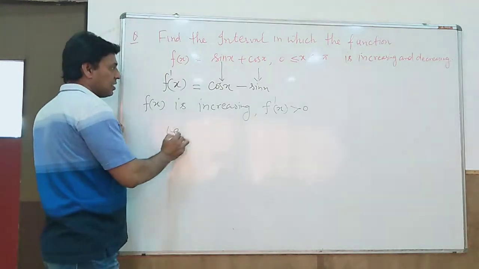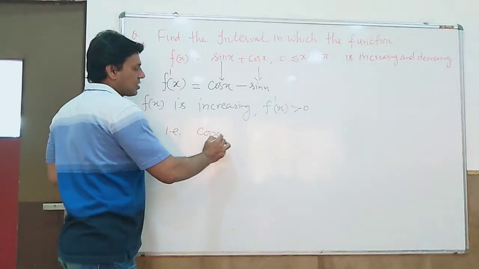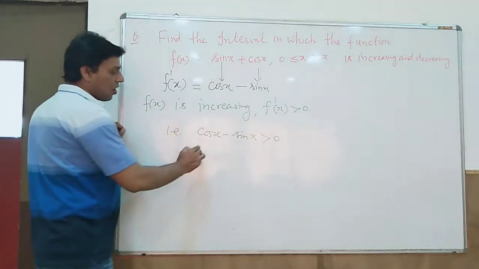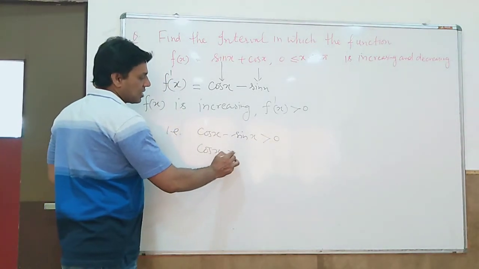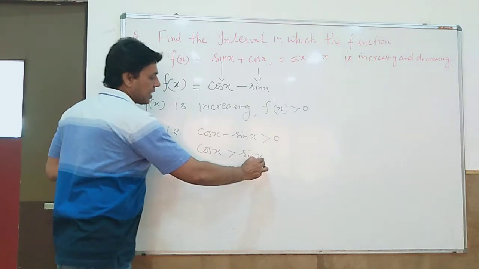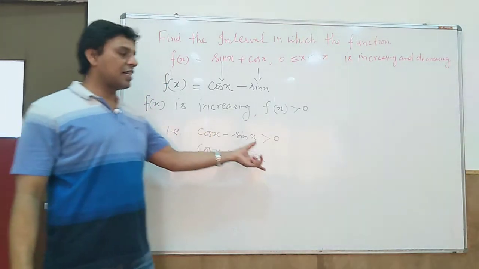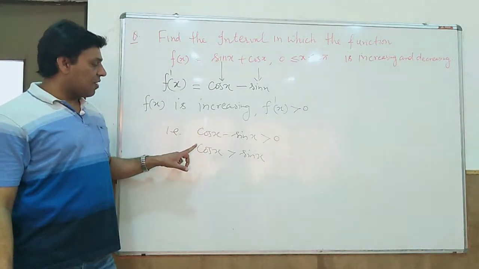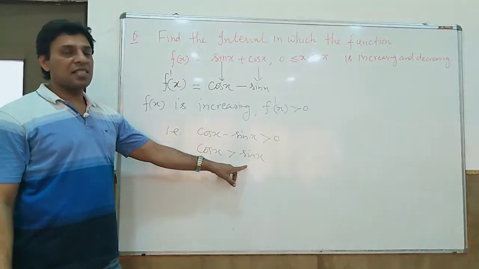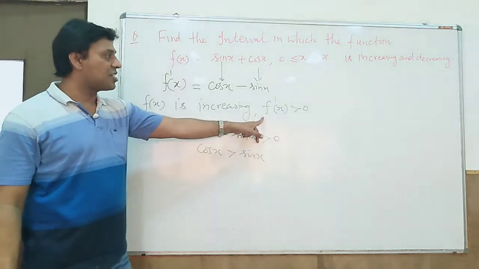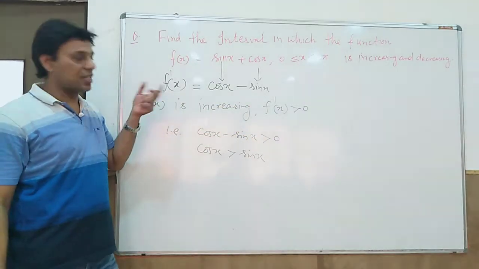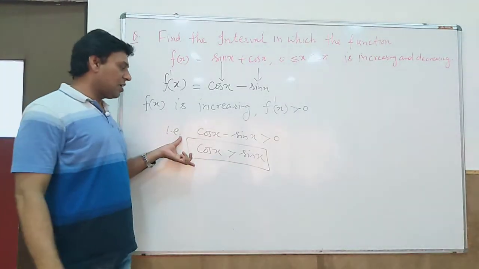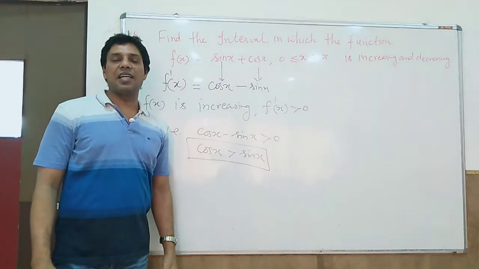That is, cos x minus sin x is greater than 0, or I can say cos x is greater than sin x. Whenever cos x is greater than sin x, f dash x is greater than 0 and f(x) is increasing. So we have to find out the domain where cos x is greater than sin x.